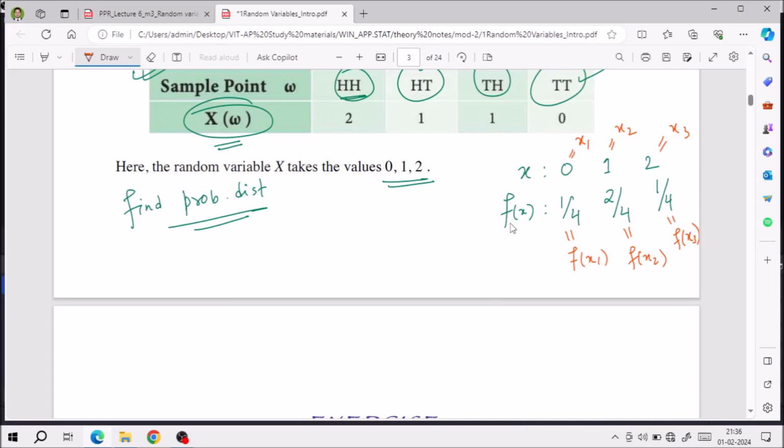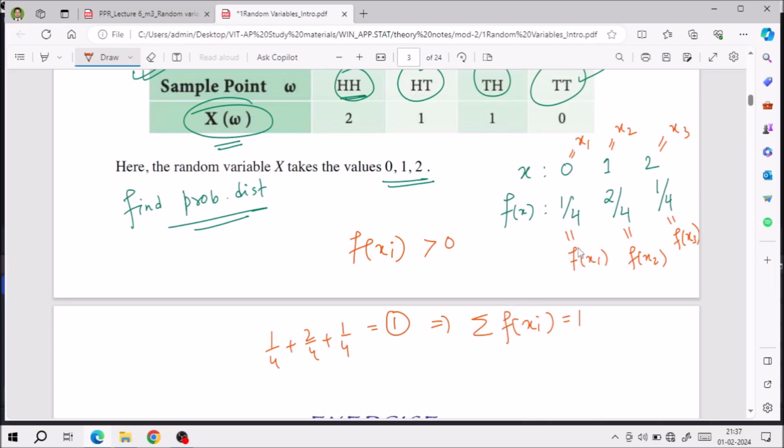And just observe all of these f of xi, they are all greater than 0. If you just add them, 1 by 4 plus 2 by 4 plus 1 by 4, this gives you 1. So that means the summation of f of xi is 1.